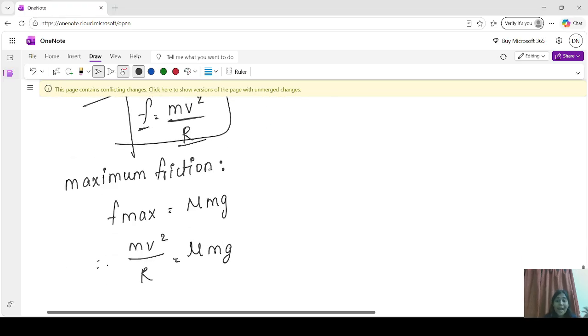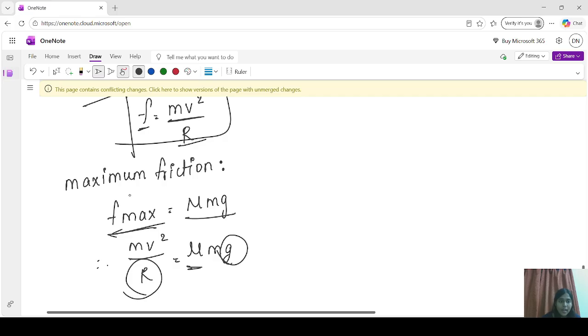And the maximum friction is F max is equal to mu mg. What do m, g and mu mean? Mu means coefficient of friction, r means the radius of the road and g means acceleration due to gravity.